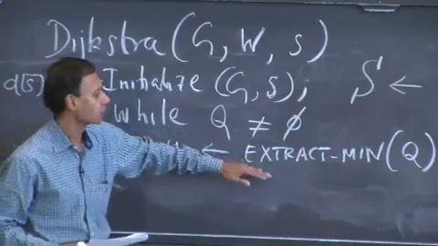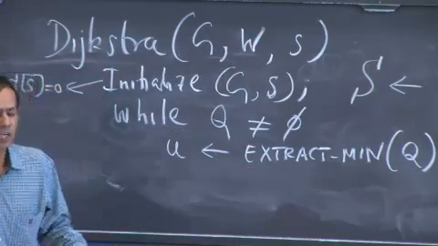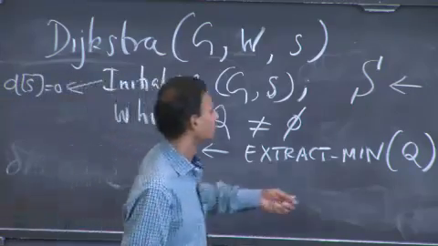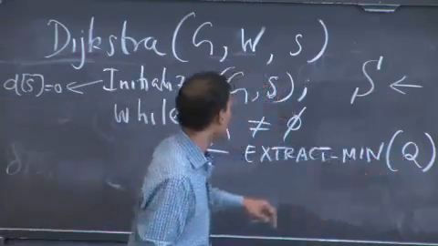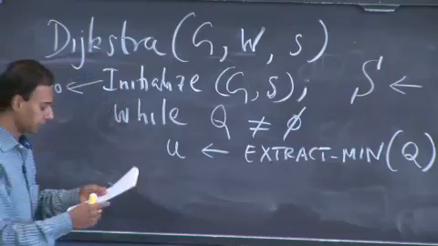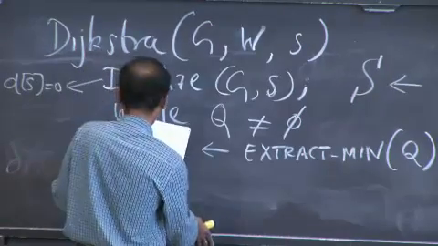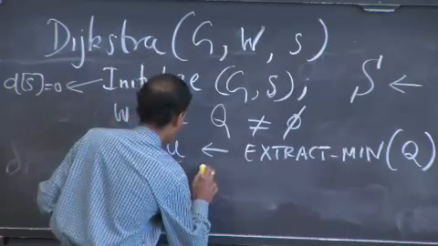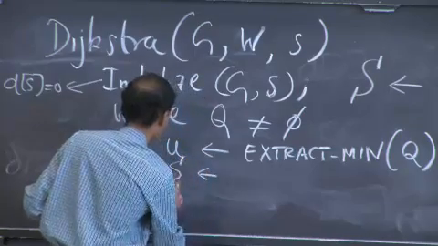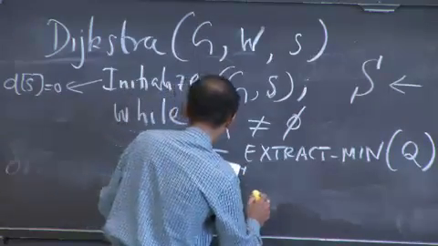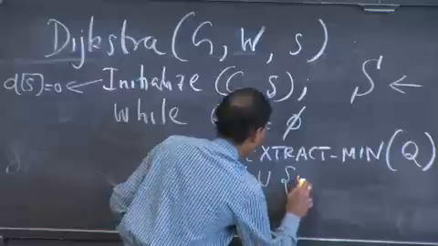So at this very first step, it makes sense that extract min Q is going to pull the starting vertex small s out and is going to assign it to this u value. And we're going to set capital S to be capital S union u.